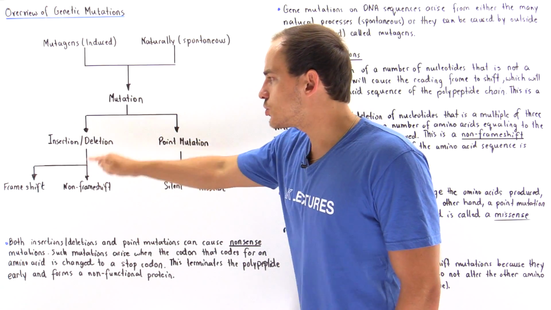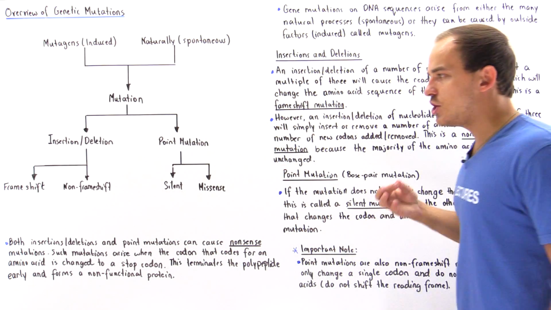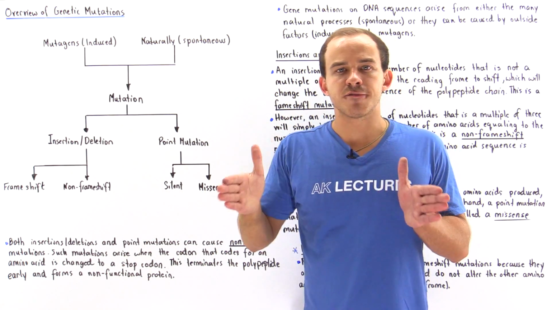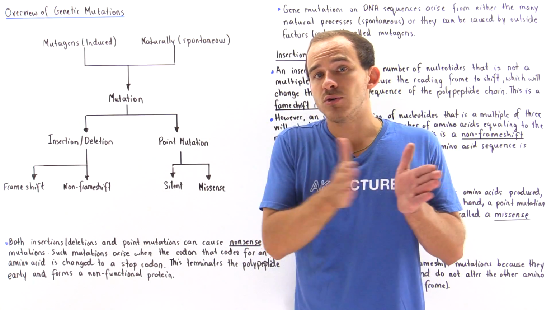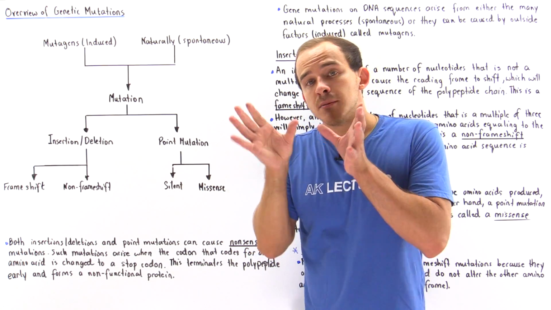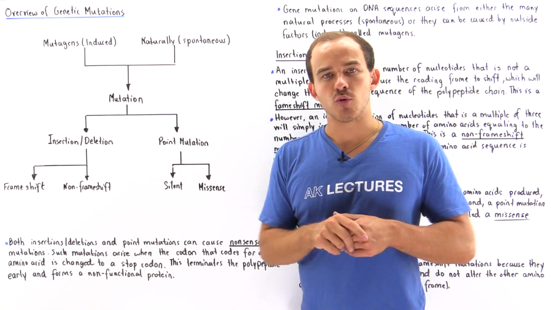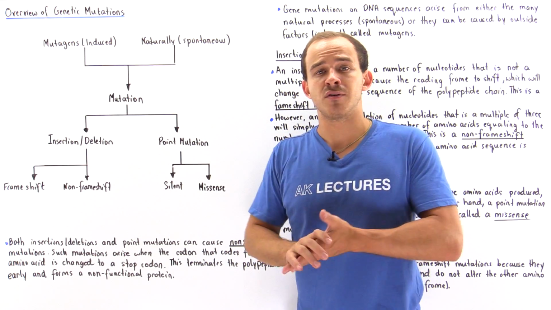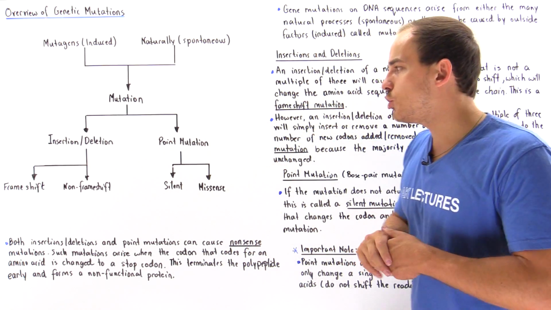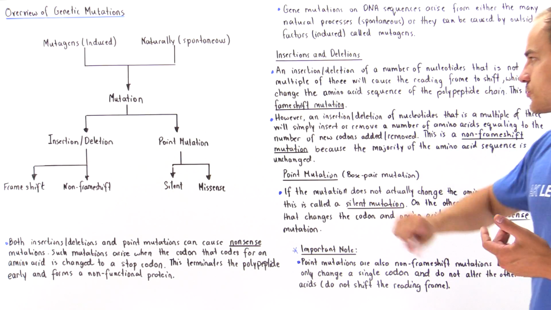So insertion deletions can form frameshift mutations in which the entire reading frame, the entire mRNA sequence, is shifted, and that means that completely new codons will be read by our ribosomes and a completely new sequence of amino acids will be produced. And this usually leads to non-functional proteins.